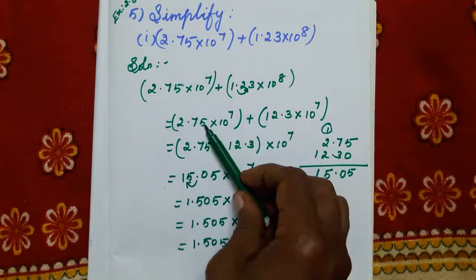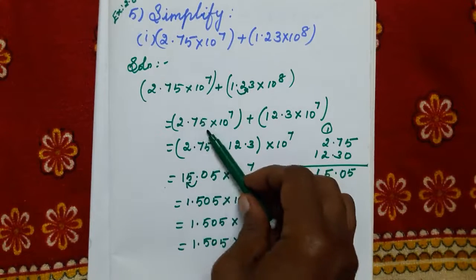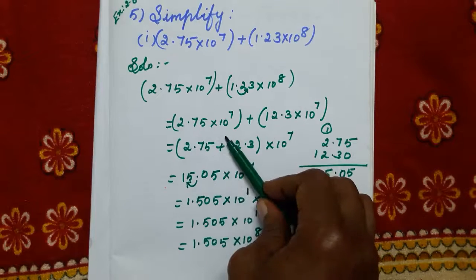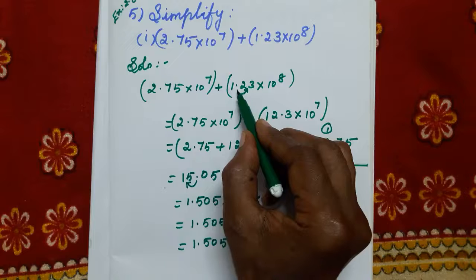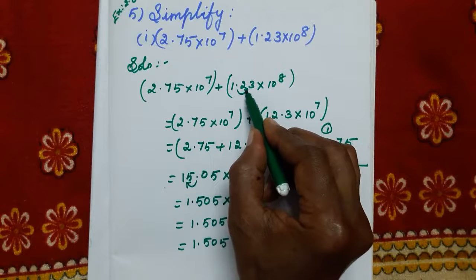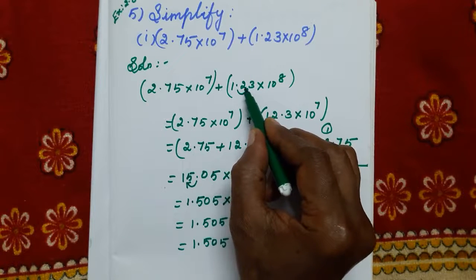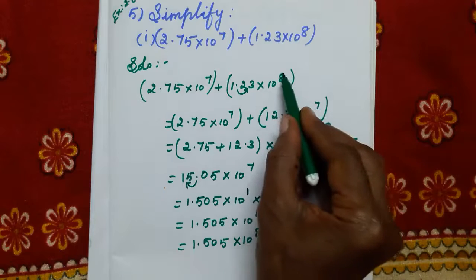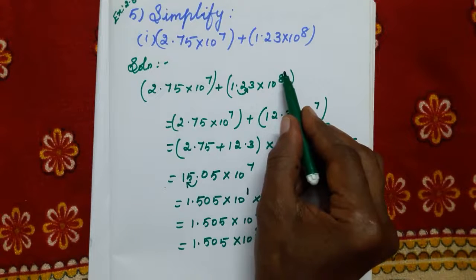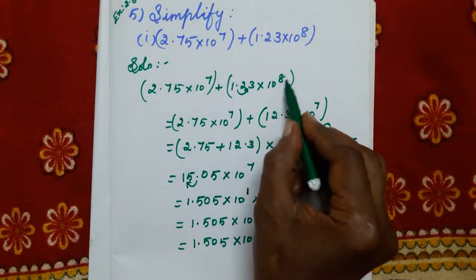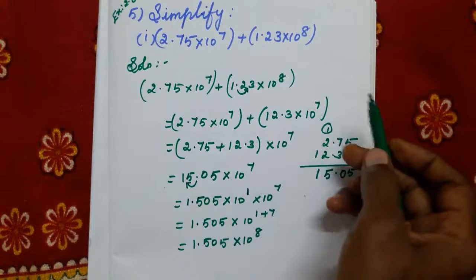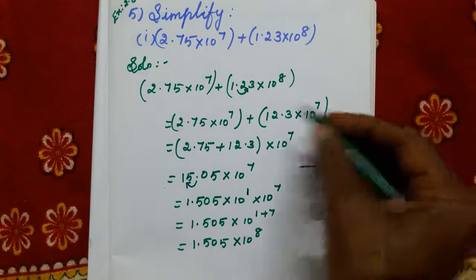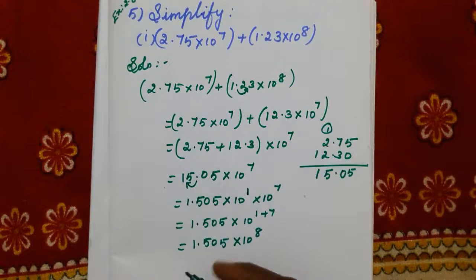I have written this number the same, 2.75 into 10 power 7. This 1.23, if we move the decimal place one digit right, the power will decrease by 1. So we are getting 12.3 into 10 power 7.